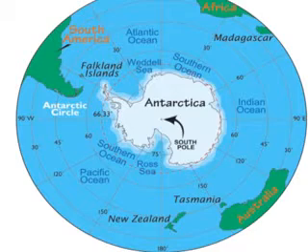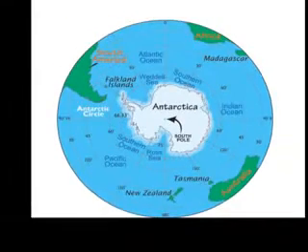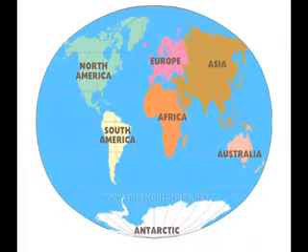So totally it is bounded by water. And the long arm of the Antarctic Peninsula stretches towards South America.